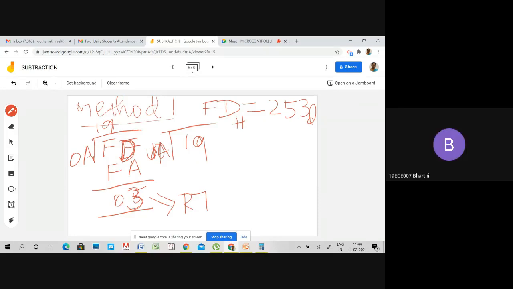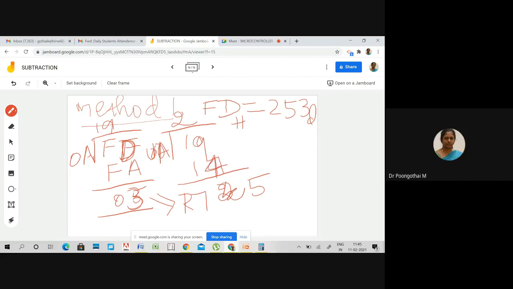The quotient is 2 and the remainder is 5. So what is the answer here? 19 minus 5, 14.